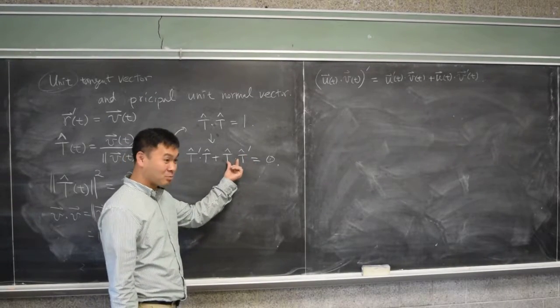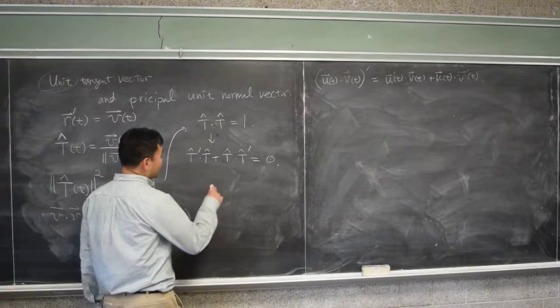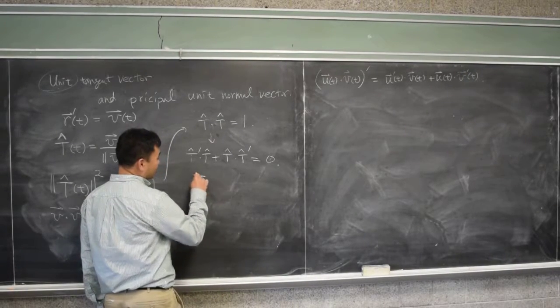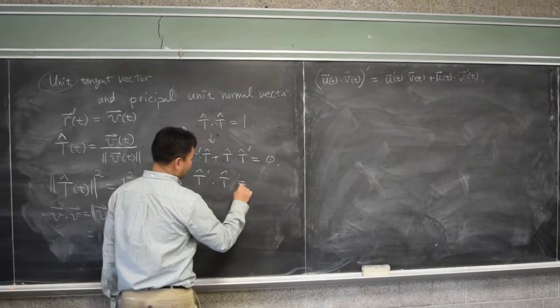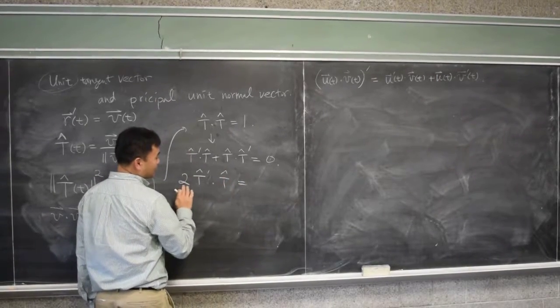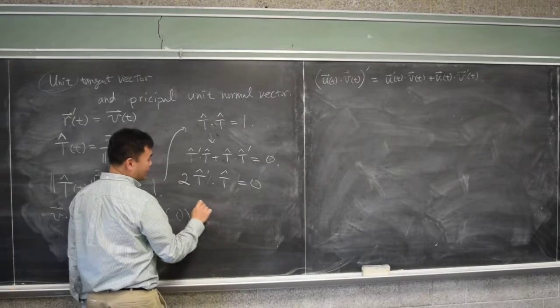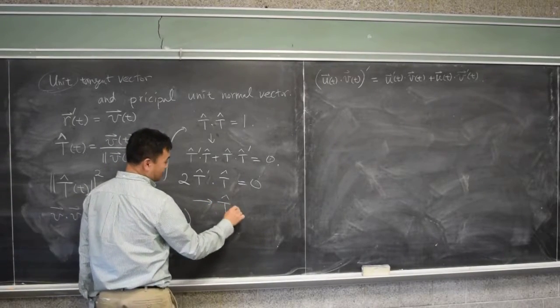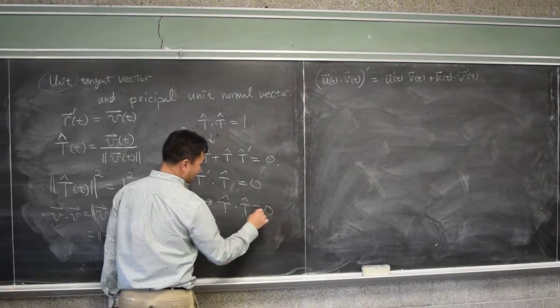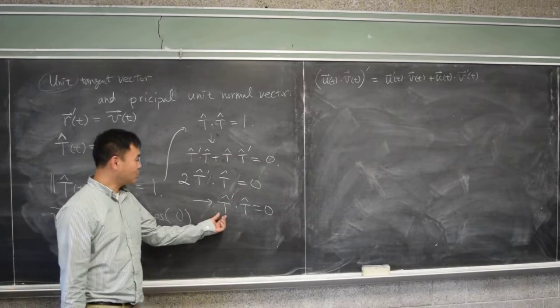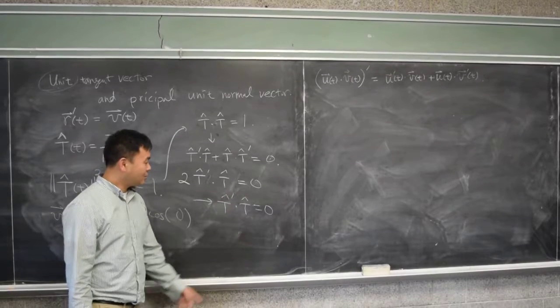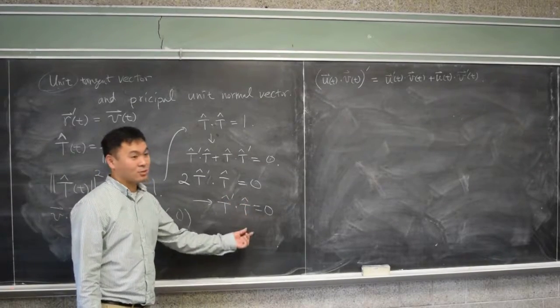I can commute these two and end up with twice of this equal to 0, so that means T prime, the derivative of the unit vector, dotted with the unit vector is 0.